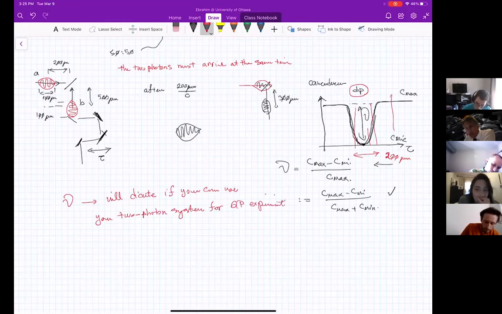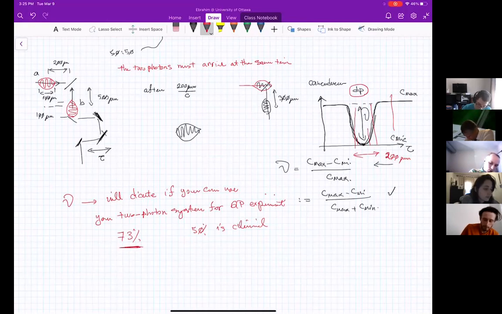I don't recall well, but that should be higher than 73%. 50% is classical. Okay? 50% is classical. You can get it even from random sources. But 73%, something like that, 72 or 83, I don't remember really. Check it out in the books. That will guarantee that your experiment is purely quantum.